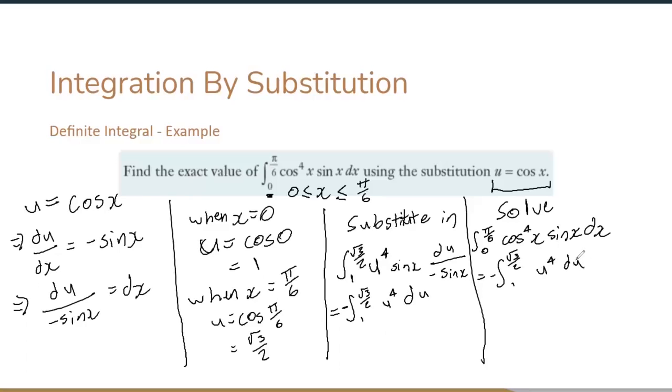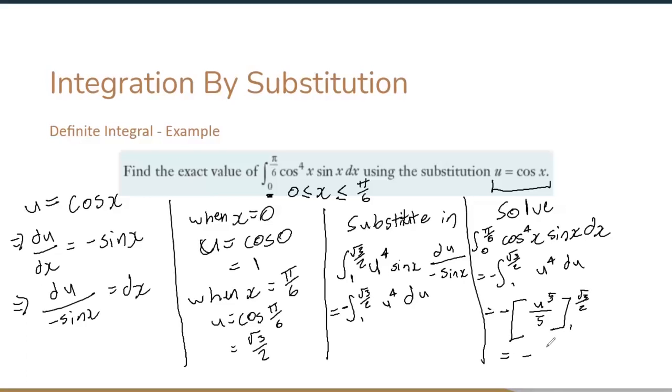So now what we're just going to do is solve this, and there's no more to it than that. And so what we get is minus sign, and if we do this integral, we just add 1 to the power and divide by the new power, so we get u to the 5 on 5, and it's going from 1 to root 3 on 2.